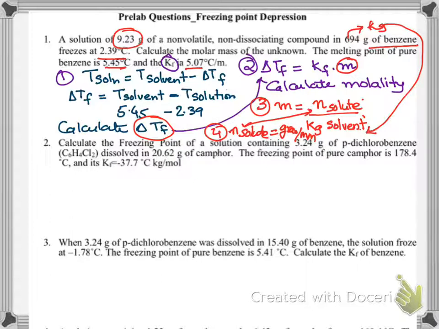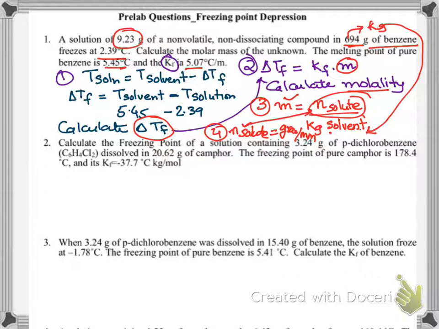Once I have the molality value, molality is moles of solute divided by kilogram of solvent. I know the mass of the solvent in grams. I can change it to kilograms, put it here and find out moles of the solute.